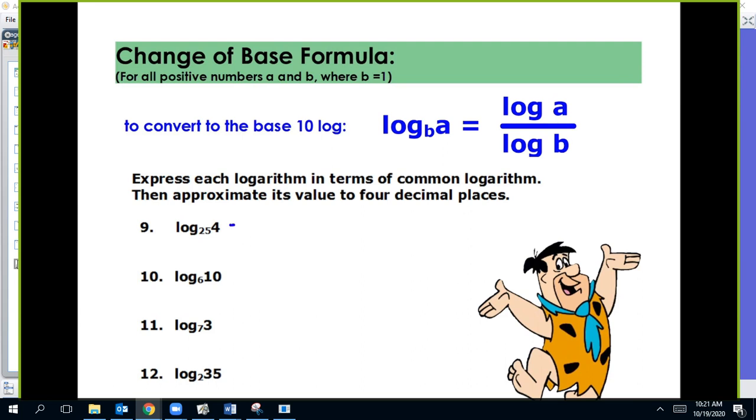So to evaluate the log, we would have to write log of 4 over log of 25. And this is not a subtraction. That's just something we would do in our calculator. And I just type in my calculator, log 4, close the parentheses, divided by log 25, close the parentheses, and then we round to 4 decimals, 0.4307.